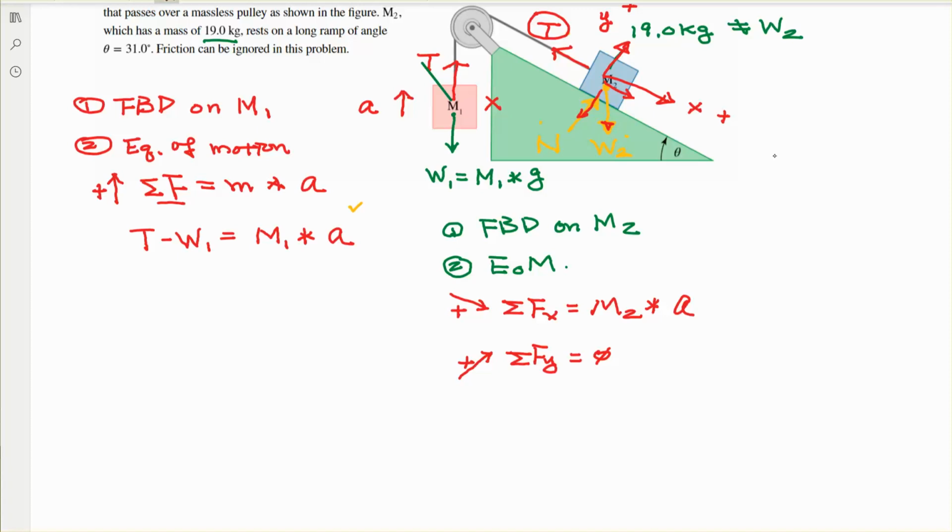I will normally write this one as W2 comma x, the x component of the weight 2. And this one here will be W2 comma y, the y component of the weight. How do we figure out how much goes in the x direction and how much in the y direction? Well, it depends on this angle here.